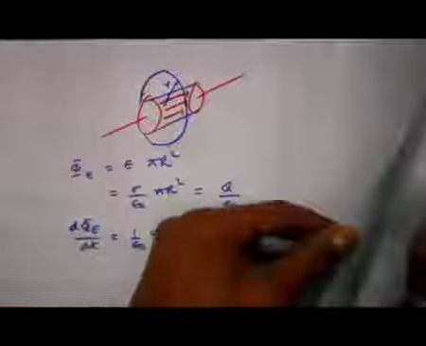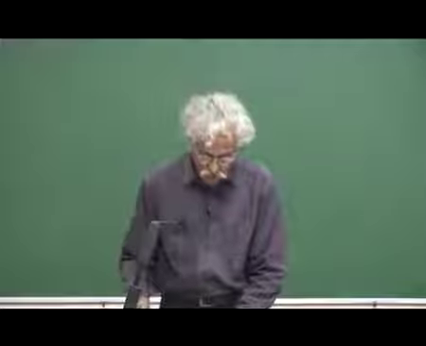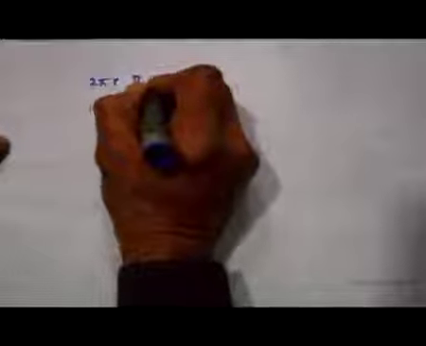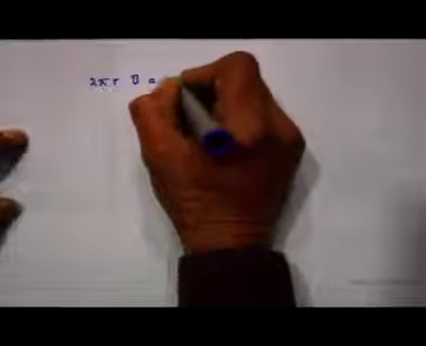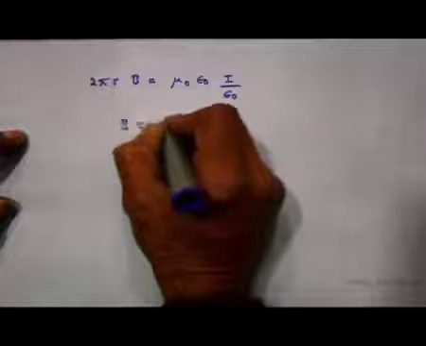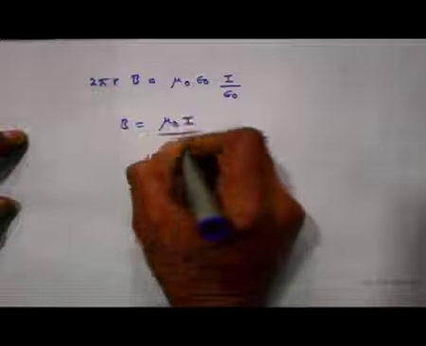So, if I again use the fact that the magnetic field is azimuthal, then I will get 2 pi r into B is equal to mu 0 epsilon 0 into I by epsilon 0. So, B is equal to mu naught I by 2 pi r.